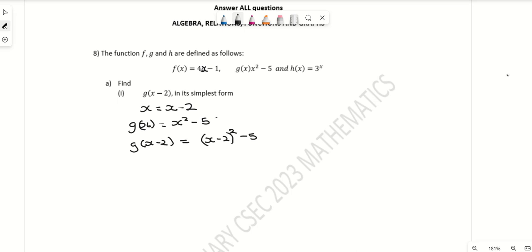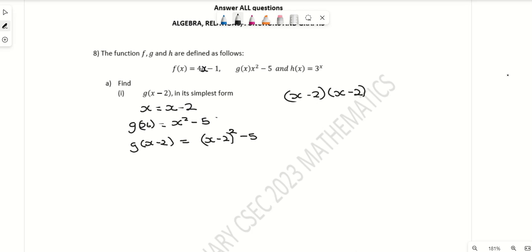So before we do anything, we need to find out what x minus 2 all squared is. Now, x minus 2 all squared just means x minus 2 multiplied by x minus 2. So we're going to take one term and multiply it by the entire second bracket, and then take the second term in the first bracket and multiply it by the entire second bracket.